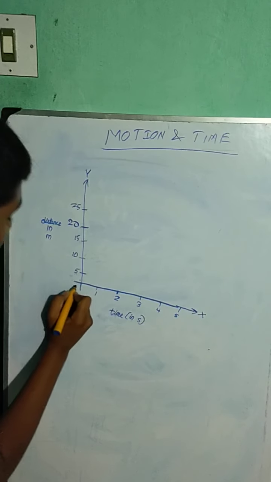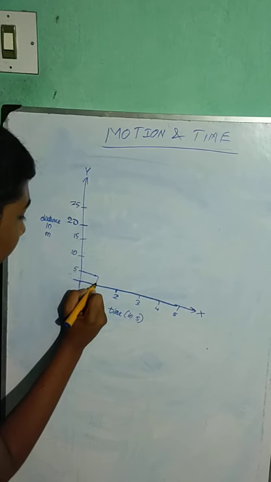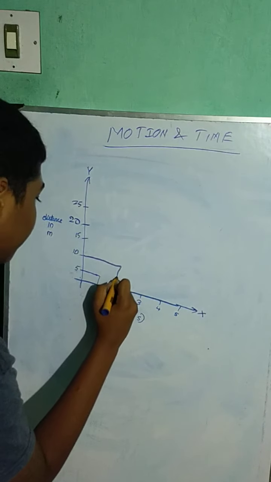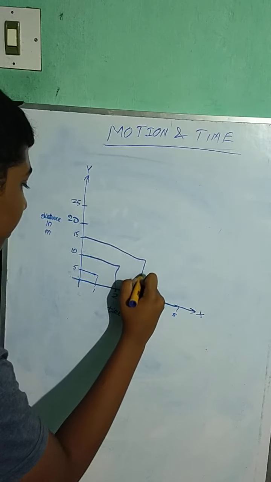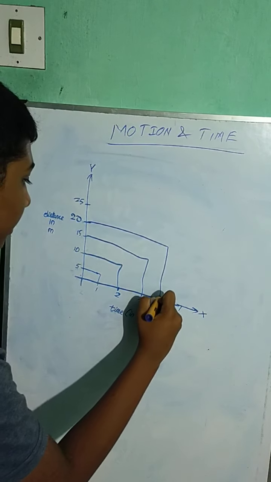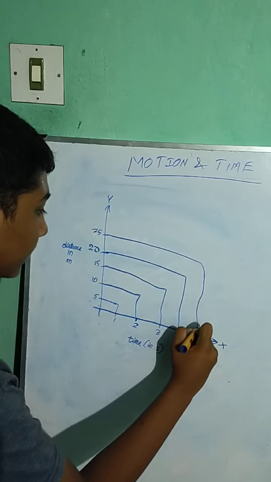Now a body covered 5 meter in 1 second, 10 meter in 2 seconds, 15 meter in 3 seconds, 20 meter in 4 seconds, and 25 meter in 5 seconds.